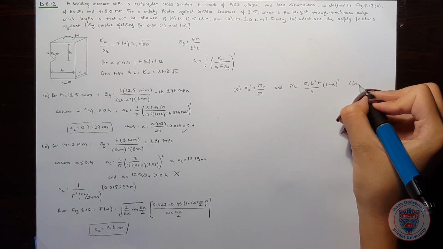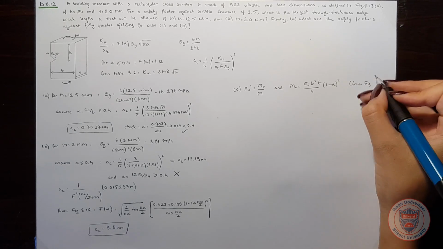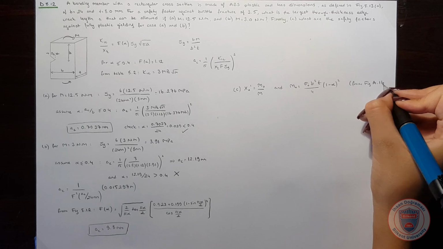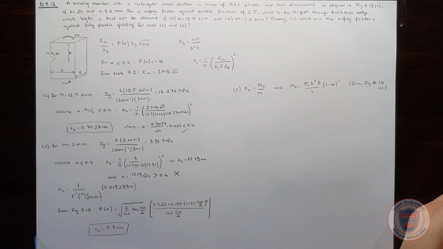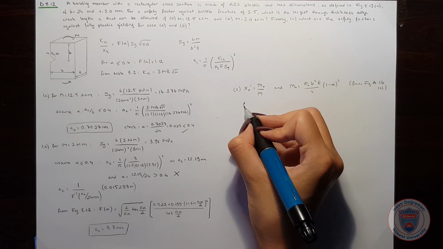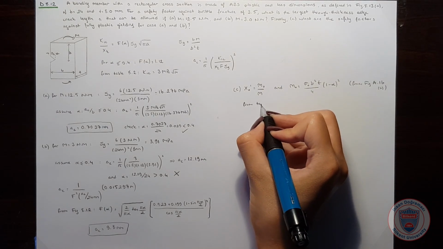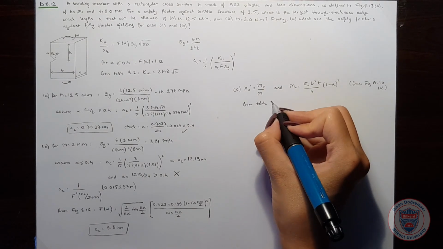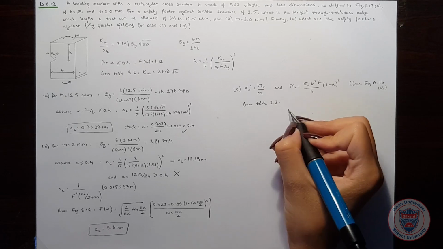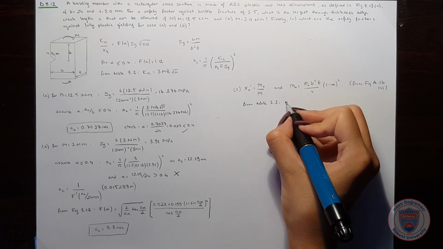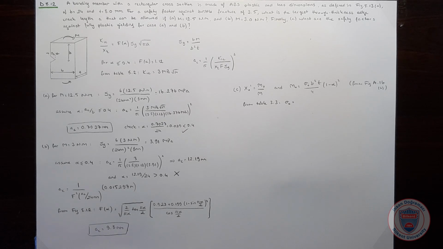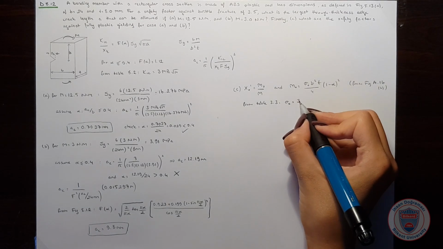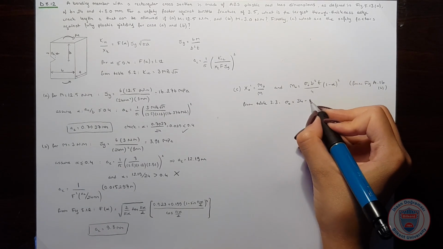This is from figure 8.16, part B. And from table 3.3, we see that the yield strength for our material is between 34 and 50 MPa.